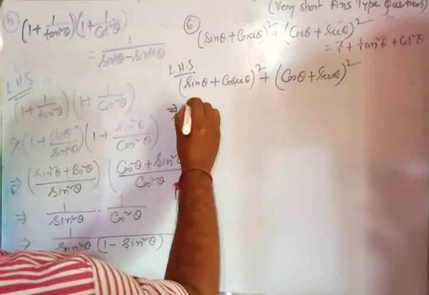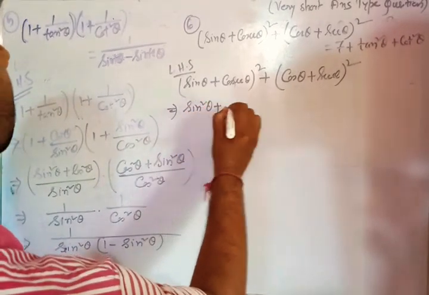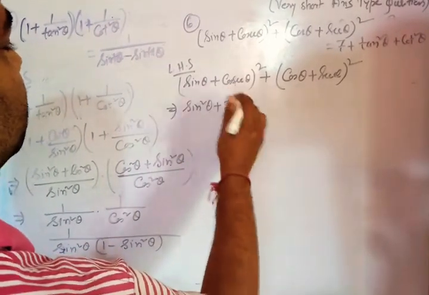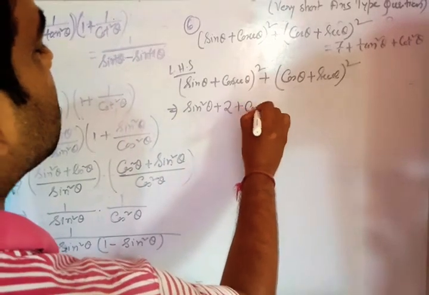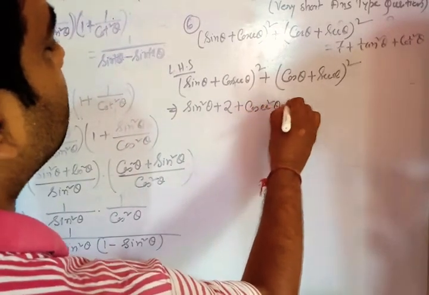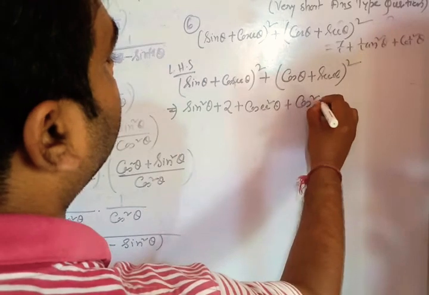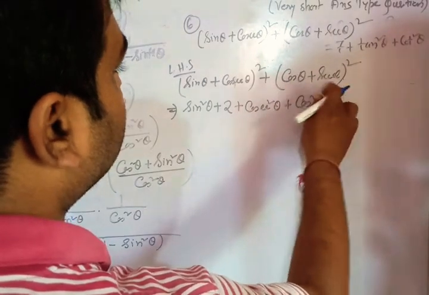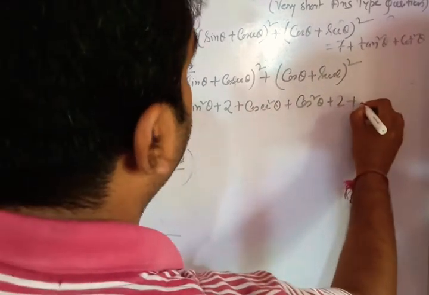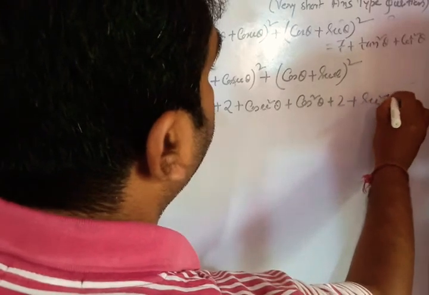Now this can be written as sin square theta plus 2, sin theta cosec theta means 2, plus cosec square theta, plus cos square theta plus 2 cos theta sec theta means 2, plus sec square theta.